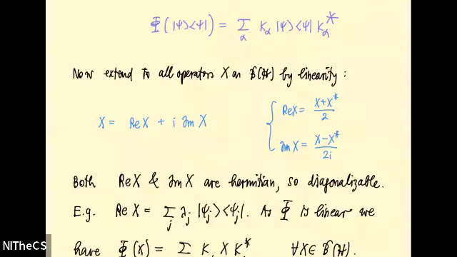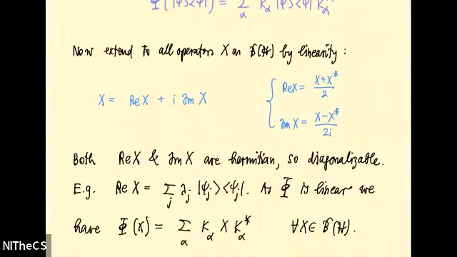A Hermitian matrix is diagonalizable. So each of these, real and imaginary, can be written, I wrote it here for the real part, in its spectral decomposition: eigenvectors, projections onto eigenvectors, times eigenvalues.